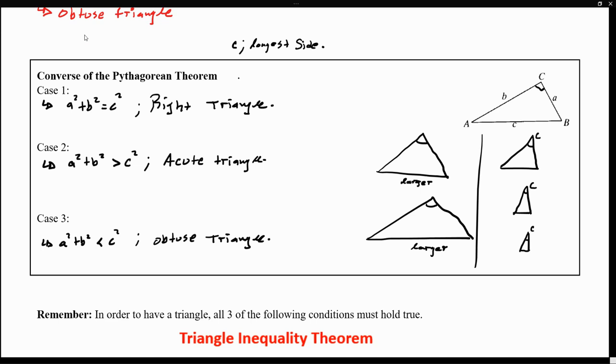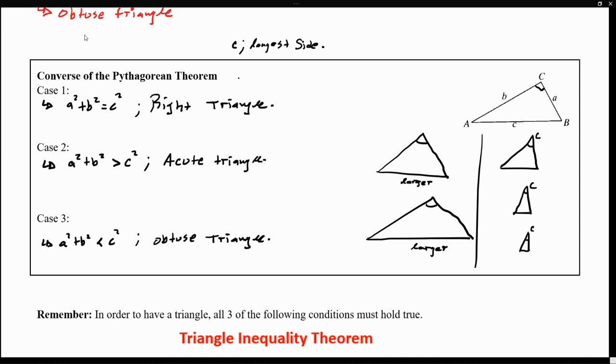And when it's equal, it's exactly 90. So if I start making c larger, my angle must be increasing in size. And it's going to reach a point that's more than 90 degrees, and therefore it is an obtuse triangle. And this is very important because this is how we're going to categorize triangles now.